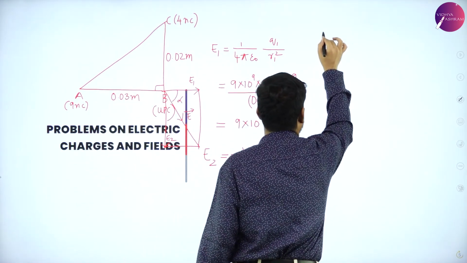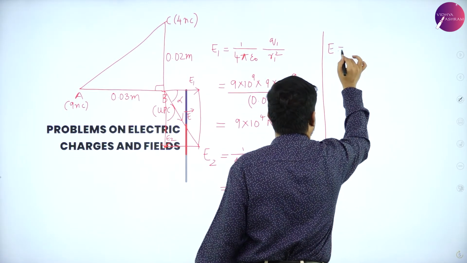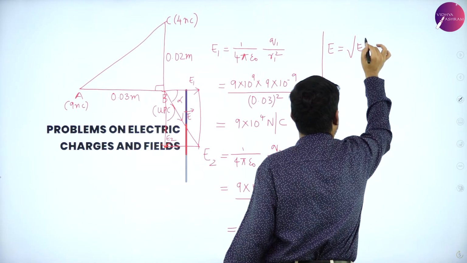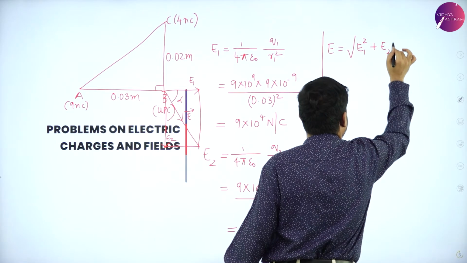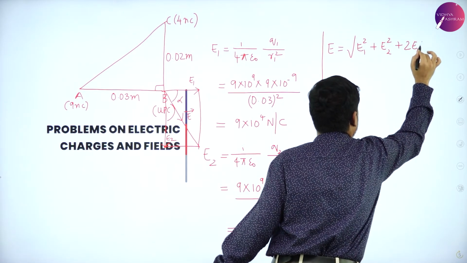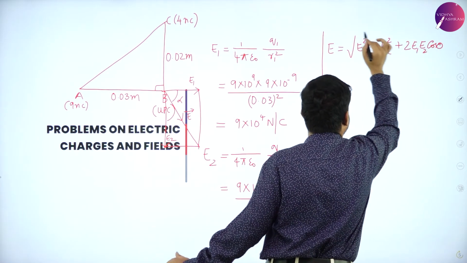Again now, resultant field is root E1 square plus E2 square plus 2E1 E2 cos theta.